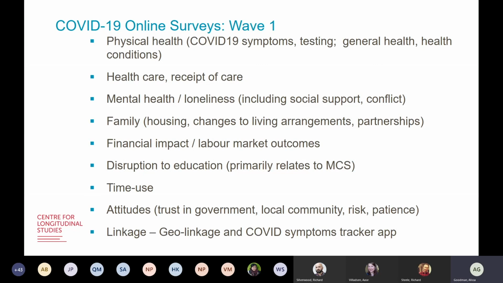So not all questions lent themselves to a before and during structure. For example, time use, we just asked for a day last week. We didn't try and collect time use just before the outbreak compared to after. But for many questions, there's a before to after element in them.